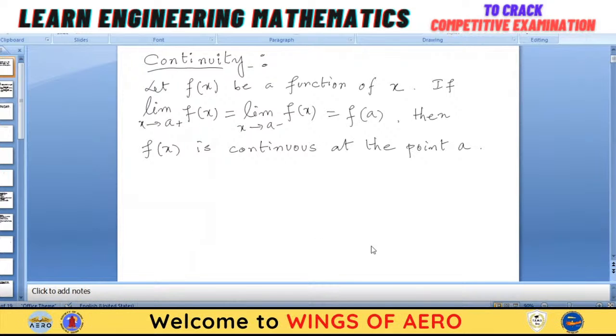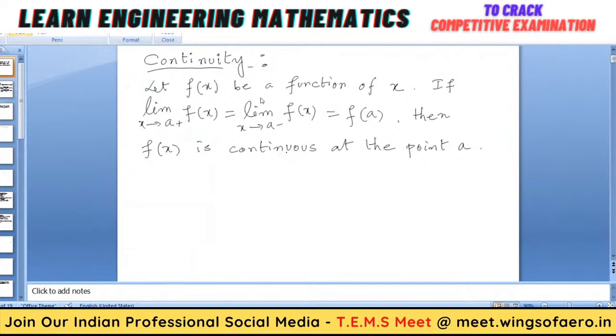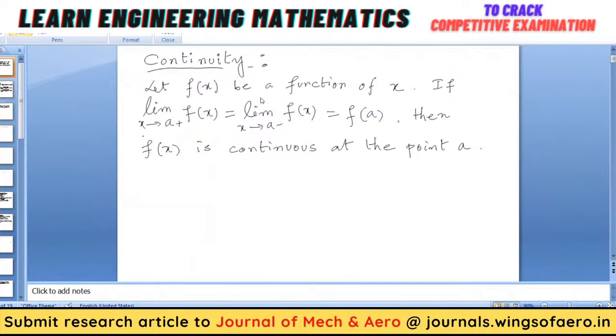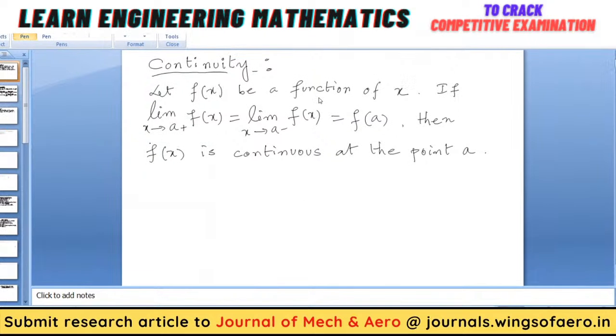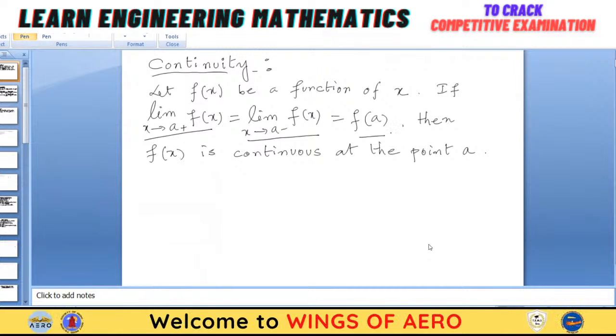So now today we will start with continuity, the exact definition of continuity. Though one example has already been done, you all know that the limit as x tends to a plus, that is the right hand limit, is equal to the left hand limit and is equal to the functional value at that point a.